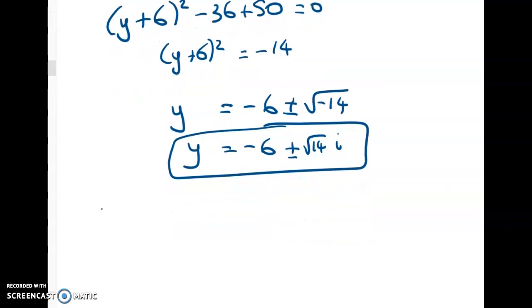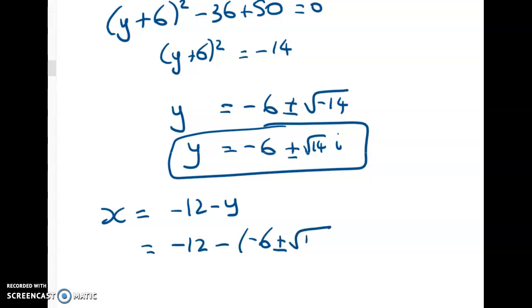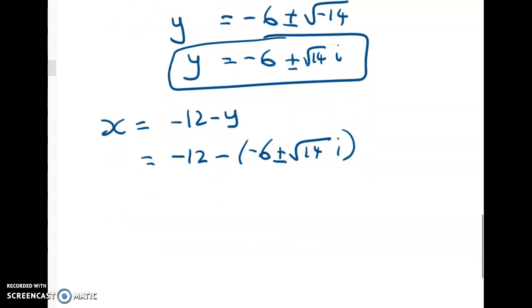So what's x? Well, we had that x was equal to negative 12 minus y. So x is equal to negative 12 minus (negative 6 plus or minus that). So x works out to be negative 6 minus or plus root 14 i.